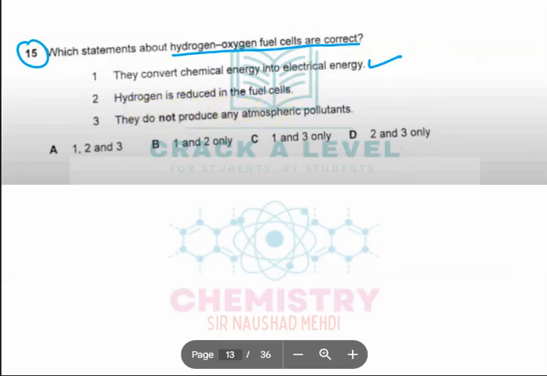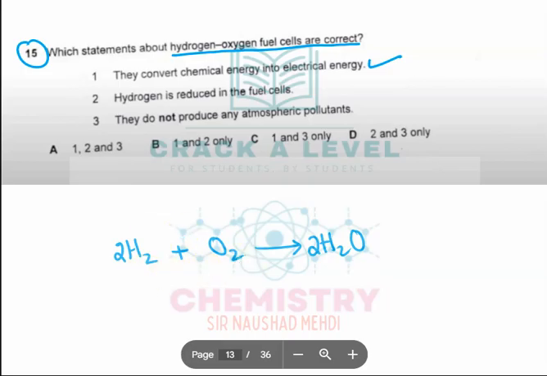Hydrogen is reduced in the fuel cell. So if you look at the equation of the fuel cell, the final equation is that 2H2 and O2 combine together to form 2H2O. Okay, so this is the equation for the hydrogen oxygen fuel cell if you combine both the anode and cathode equations. So this is the final equation.